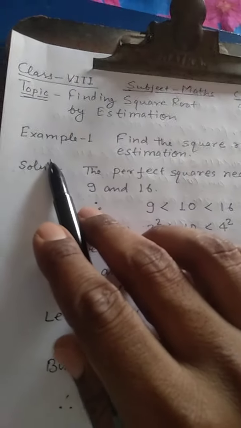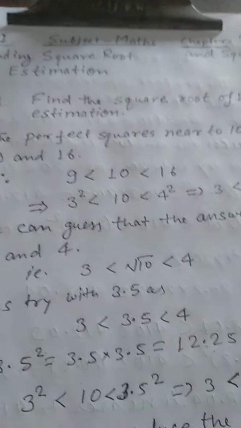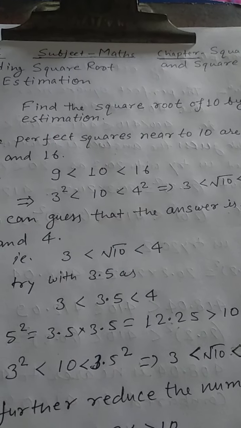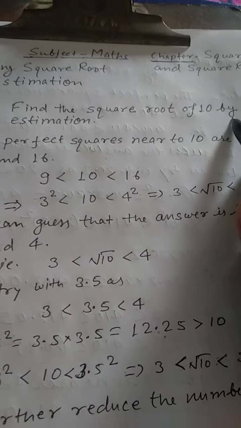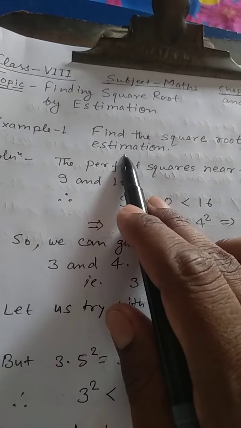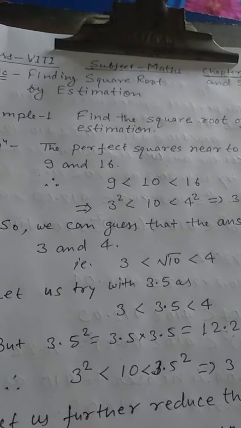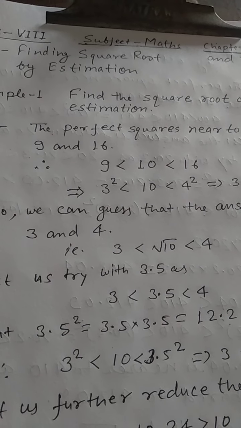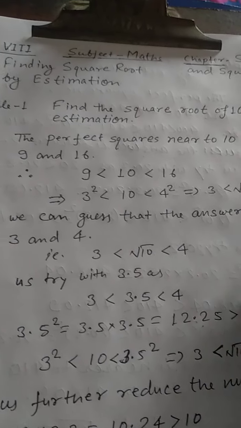Here I am taking the first example: find the square root of 10 by estimation. For the solution, first we have to search for the nearest squares of 10.